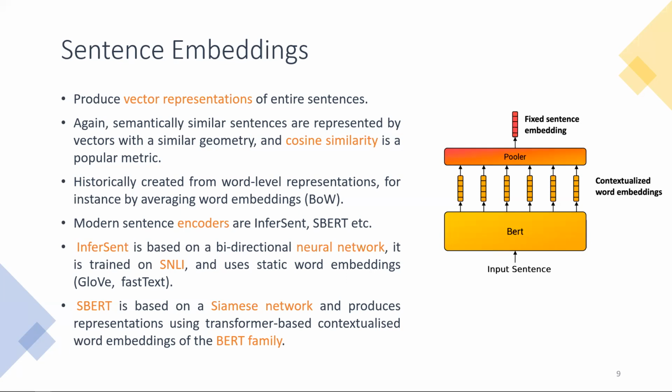Of course, this had many drawbacks. For instance, if you have two sentences that contain the same words, but arranged in a different way, then the average is the same. So this was the main reason why a lot of researchers invested in producing models for contextualized embeddings. So if you contextualize your word embeddings, you look at the whole sentence, but also the position of words inside the sentences.